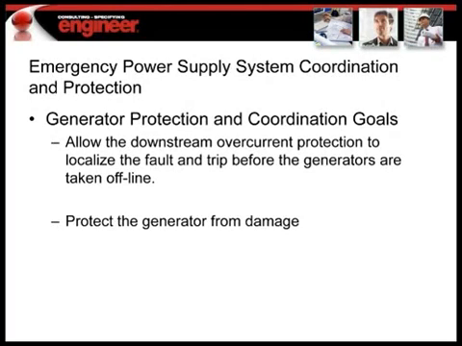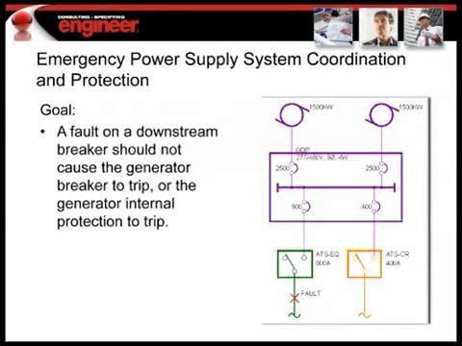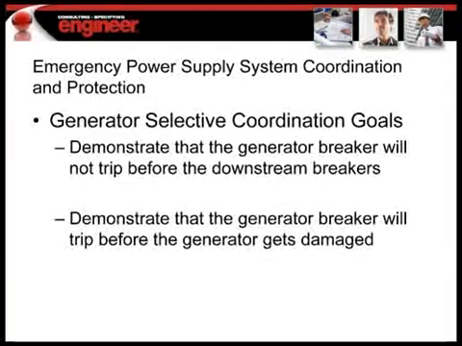They're pretty straightforward goals. Here's that example again that we talked about earlier, where we have the fault downstream going through an 800 to the 2500. We want to make sure that the 800 trips before the 2500, and that the 2500 will protect the generator. Okay, so there are the goals.